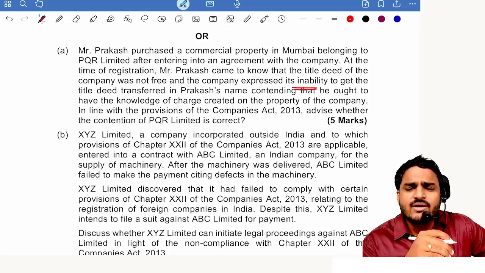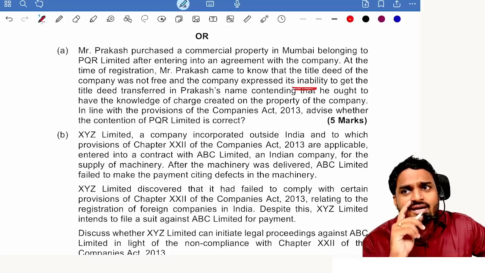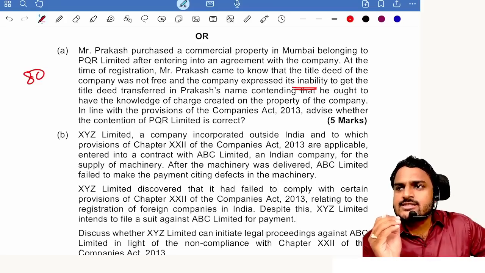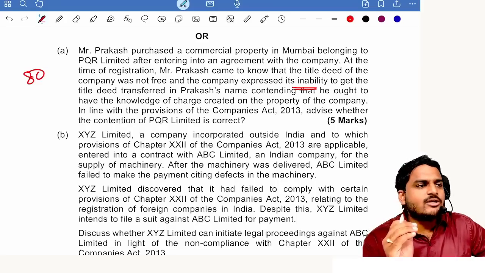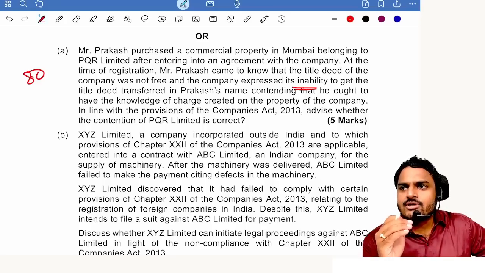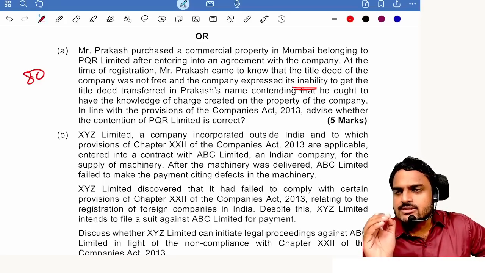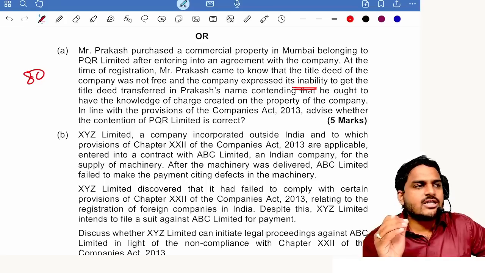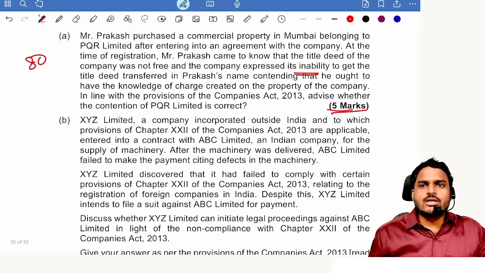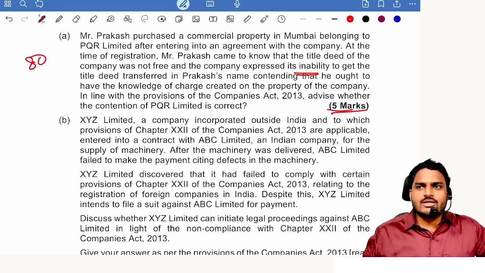Advise whether contention of company correct? Correct or incorrect? What is section 80? Doctrine of notice. Once charge is registered with ROC, it becomes public document. So assumed that every person dealing with company having a knowledge of charge registered with ROC. So contention of company is correct. 5 marks. It's not direct into hundi. You will keep this 5 marks into hundi with your hands.